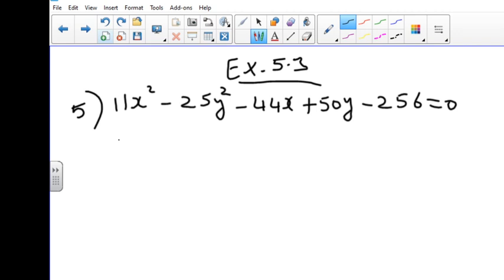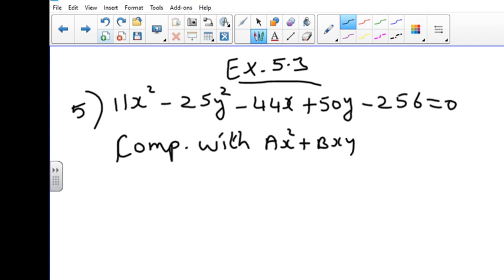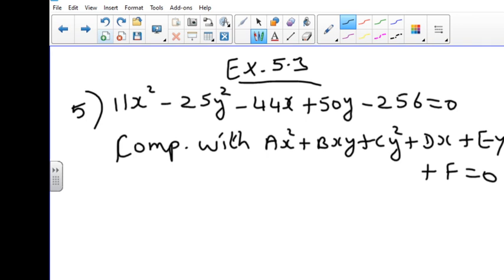So here you find b square minus 4ac, comparing with the general equation ax square plus bxy plus cy square plus dx plus ey plus f is equal to 0. What all we have here? A is equal to 11. So compare all this and we'll find b square minus 4ac.